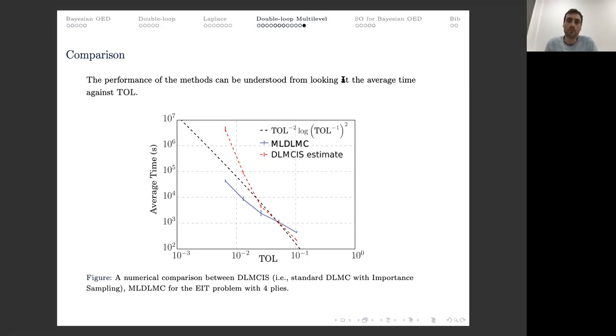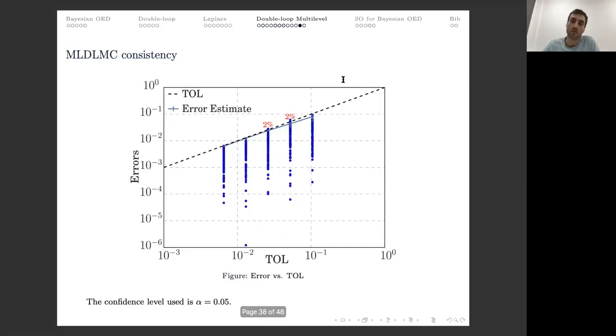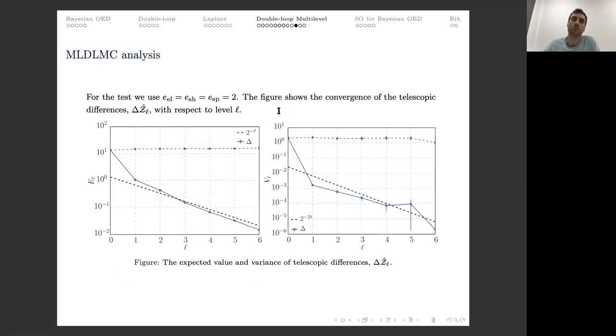And for the multi-level Monte Carlo it is way more critical, because if we do not use importance sampling, these two assumptions, the strong convergence and weak convergence, are not easily satisfied.